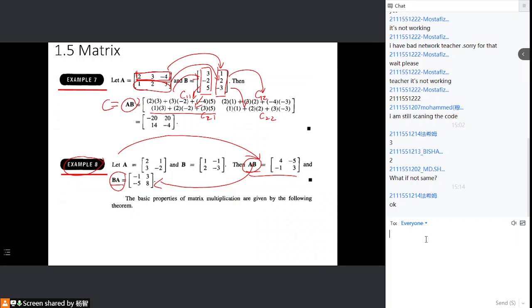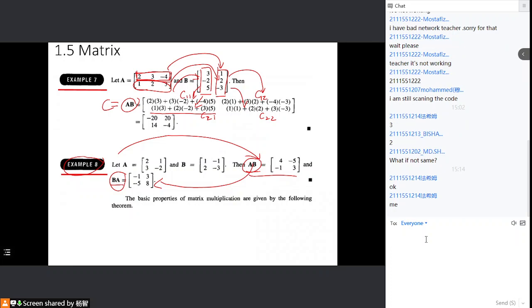Anyone done example 8? Okay, some student has given me the answer. Can you give me your Chinese name?